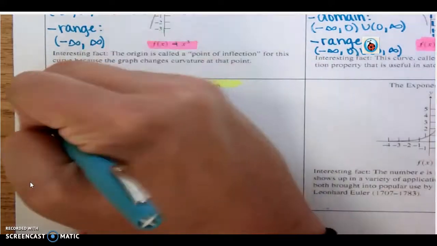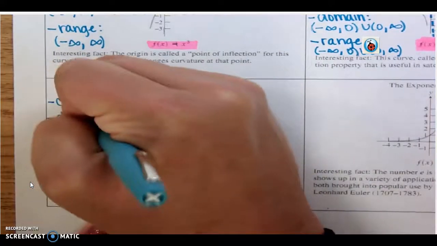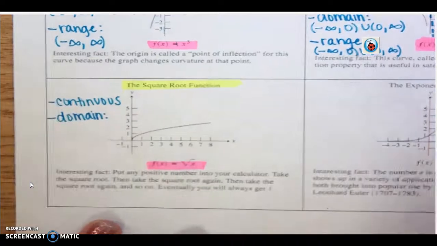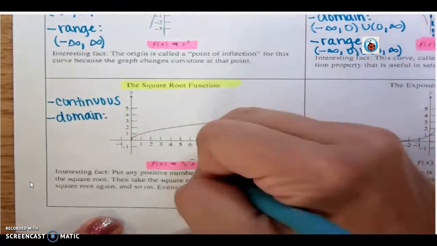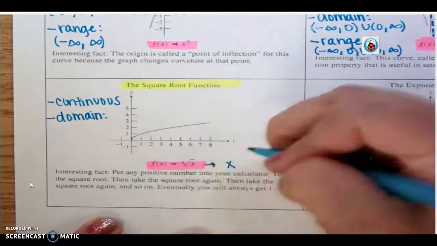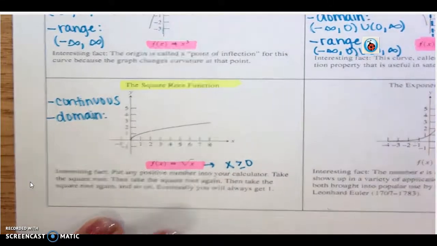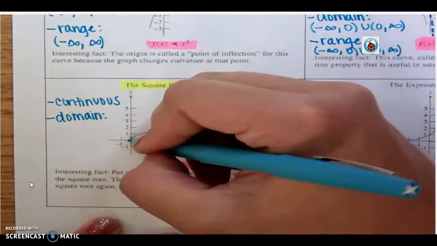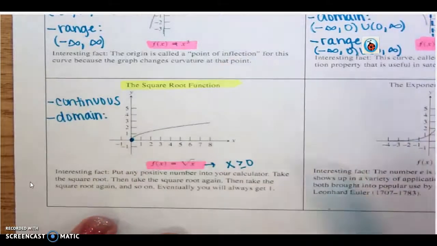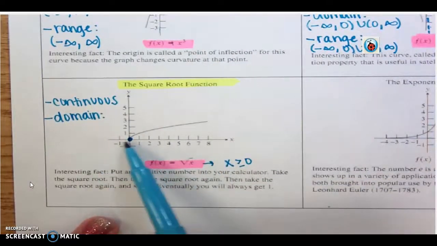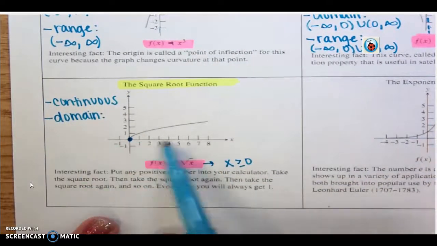Okay, so for the domain, remember if it's under the square root, that means whatever is under the square root has to be greater than or equal to 0, so x has to be greater than or equal to 0. Well, if you look at your graph here, the x values start at 0, because they can't be over here, and then they keep getting bigger.